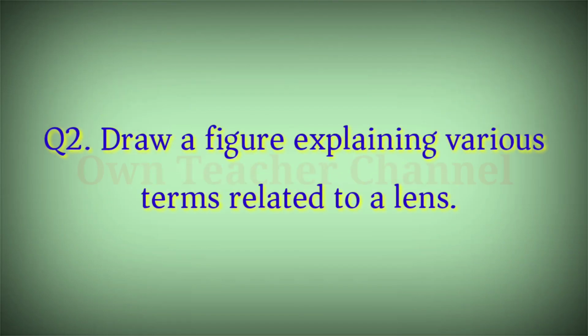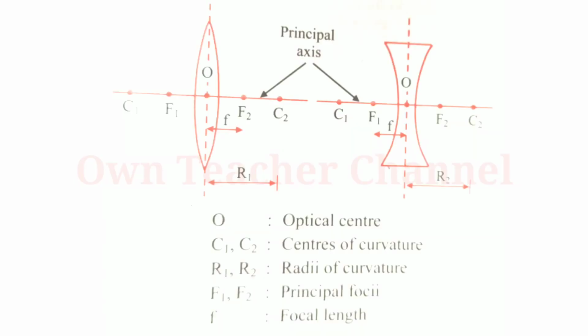Question 2. Draw a figure explaining various terms related to a lens. In this figure, we can see the point inside a lens on the principal axis through which light rays pass without changing their path is called the optical center of a lens, that is O. The centers of spheres whose parts form the surfaces of the lenses are called centers of curvature, that is C1 and C2.